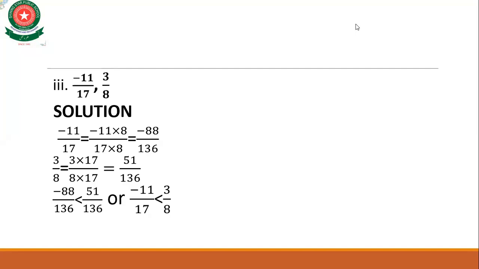I repeat, minus 11 multiplied by 8 over 17 multiplied by 8, and the answer is minus 88 over 136. Now for 3 by 8, we have to multiply 17 with 8 to get 136.